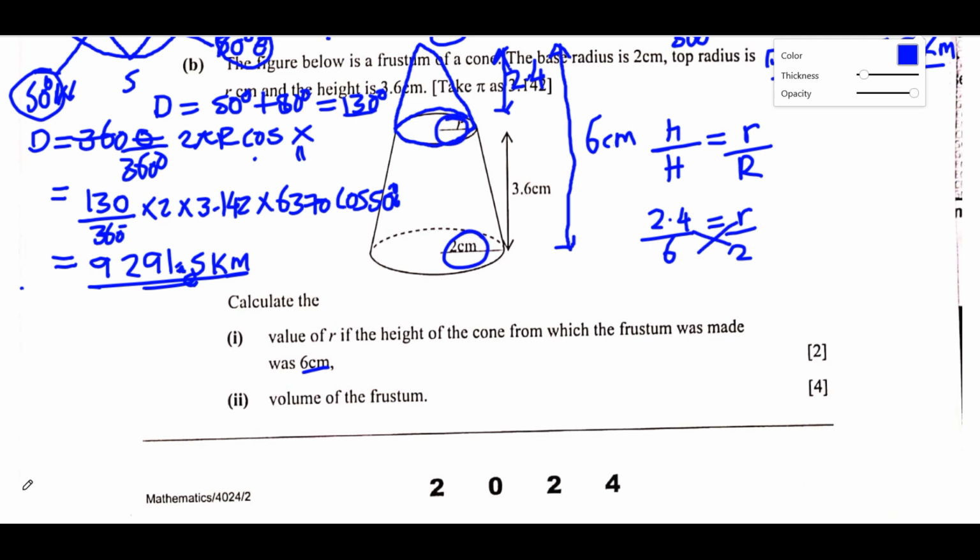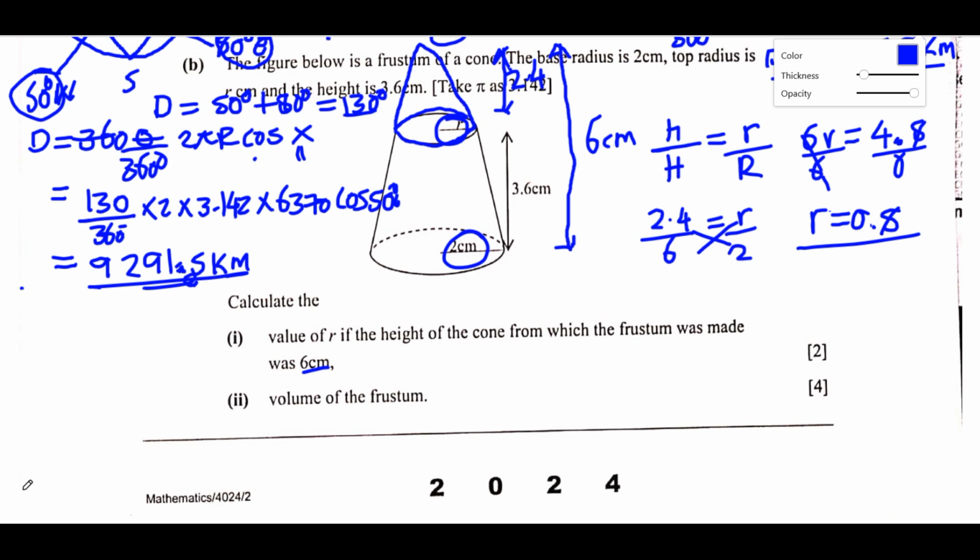Then we cross multiply. 6 times r gives us 6r, and 2.4 times 2 is 4.8. To solve for r, we divide by 6. r is equal to 0.8, and it makes sense because 0.8 is smaller than 2.